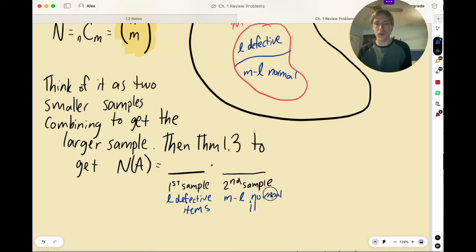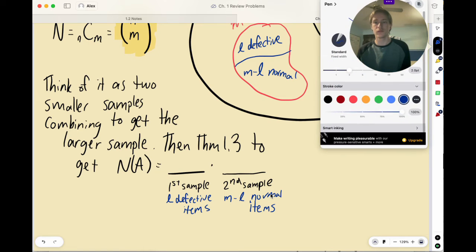And if we can find both of those, and they're completely independent samples, they're mutually exclusive, theorem 1.3 says we just multiply them together, and that's the number of ways A can occur. Okay.